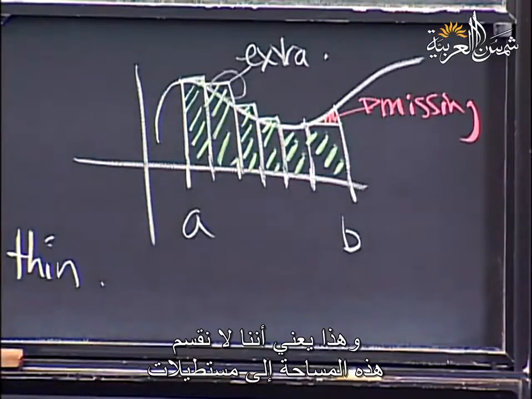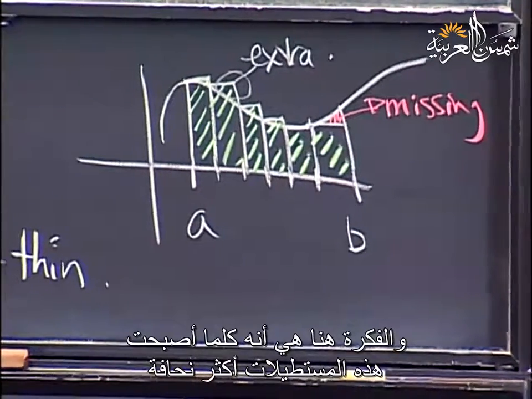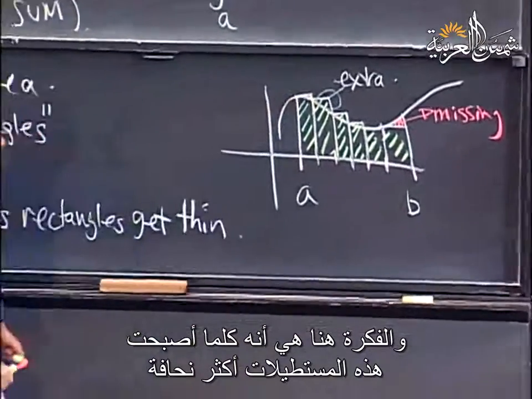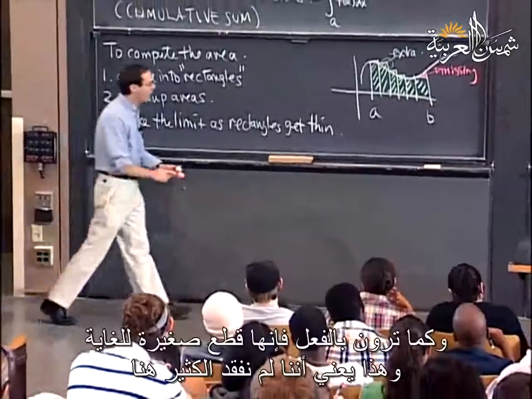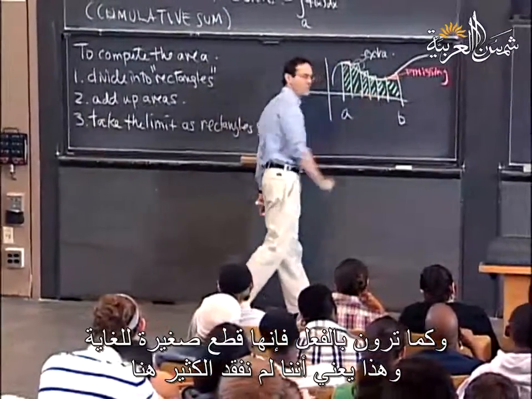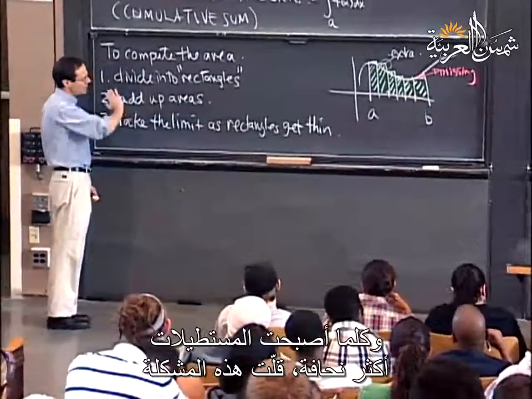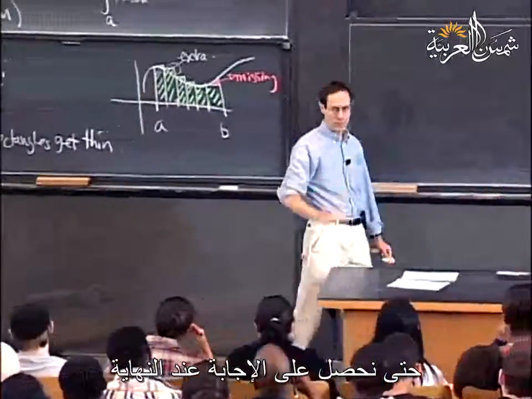All right, so that's why we're not really dividing up the region into rectangles. We're just taking rectangles. And then the idea is that as these get thinner and thinner, the little itty-bitty amounts that we missed by are going to zero, and they're going to be negligible. Already you can see it's kind of a thin piece of area, so we're not missing by much. And as these get thinner and thinner, the problem goes away, and we get the answer on the nose in the limit.